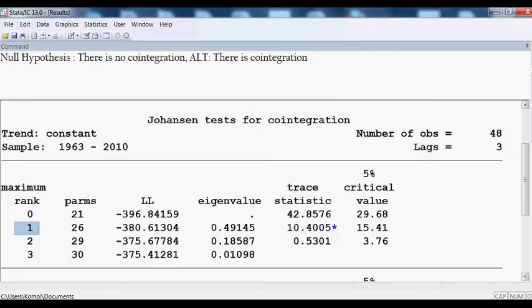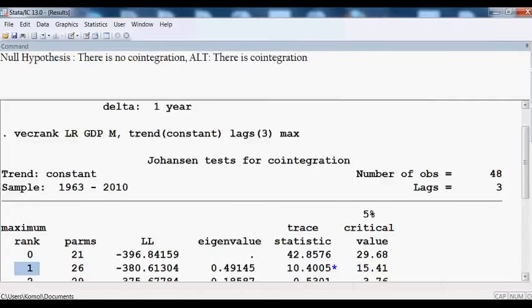It means that our 3 variables, such as LR, GDP and M, are co-integrated, meaning that they have a long run association, or these 3 variables move together in the long run.